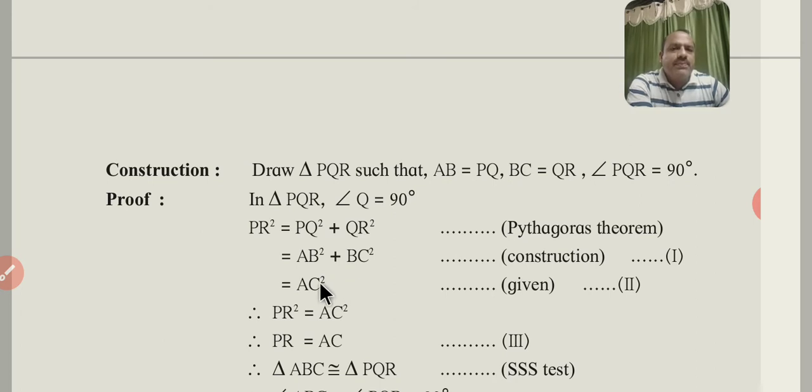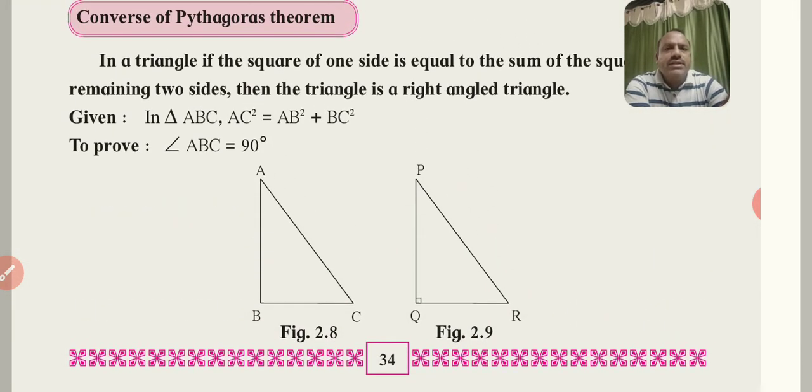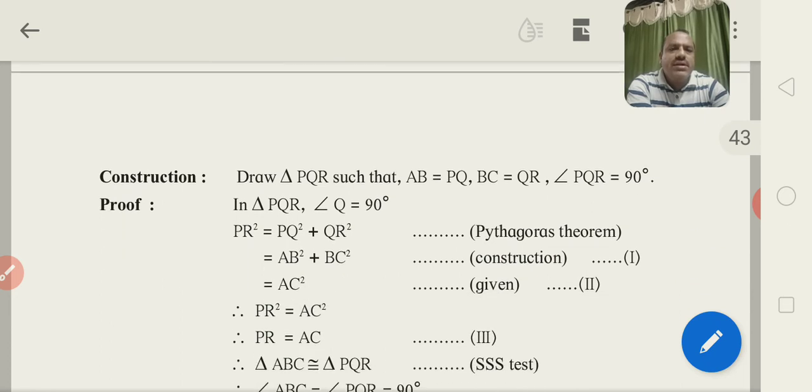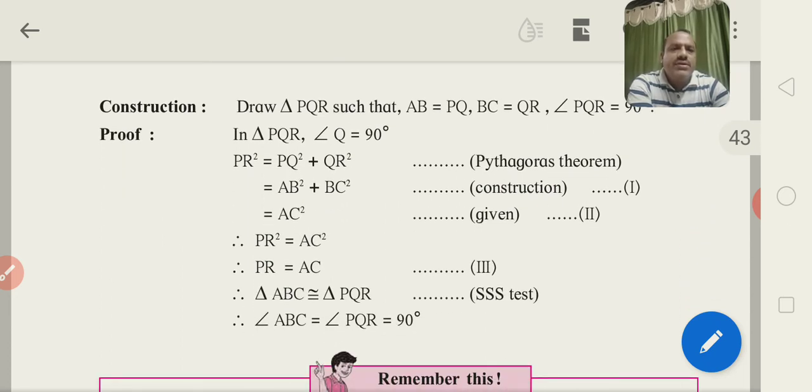Then AB square plus BC square is equal to AC square, which is written in the given. Listen here, AC square is equal to AB square plus BC square, and hence PR square is equal to AC square, and the next step PR is equal to AC.